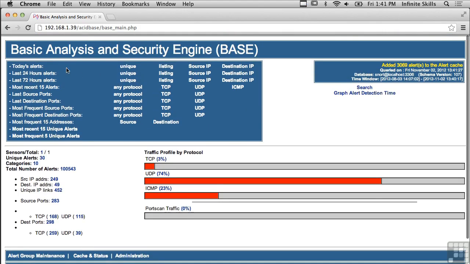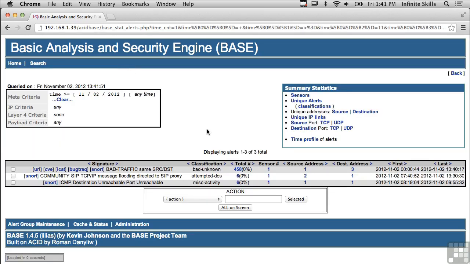And you can see here's a listing for today's alerts, and let's just see what we have for alerts. So we have a bad traffic with the same source and destination, and there's also an ICMP destination unreachable, port unreachable. So these are not necessarily anything to worry about.